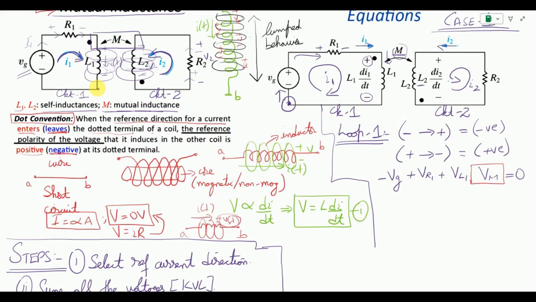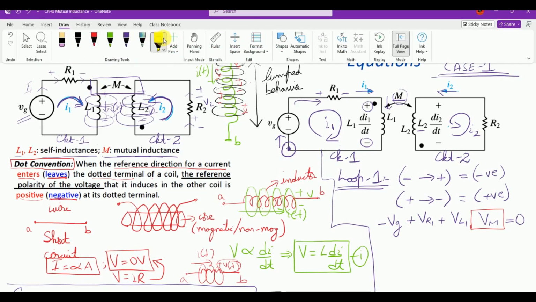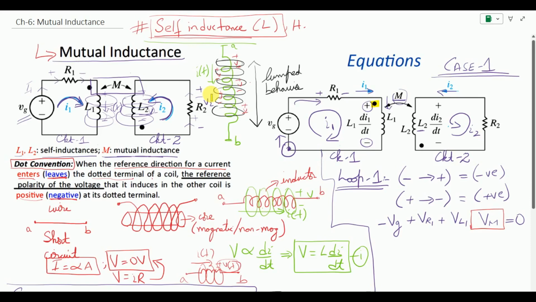So let us say we have these dots represented in our circuit. Case number one is that the dots are presented over here. So let me highlight this. This is the first dot that we have placed on the left side, circuit number 1, at the terminal of the inductor L1, and the next dot appears in circuit number 2 at the terminal of the second inductor L2.